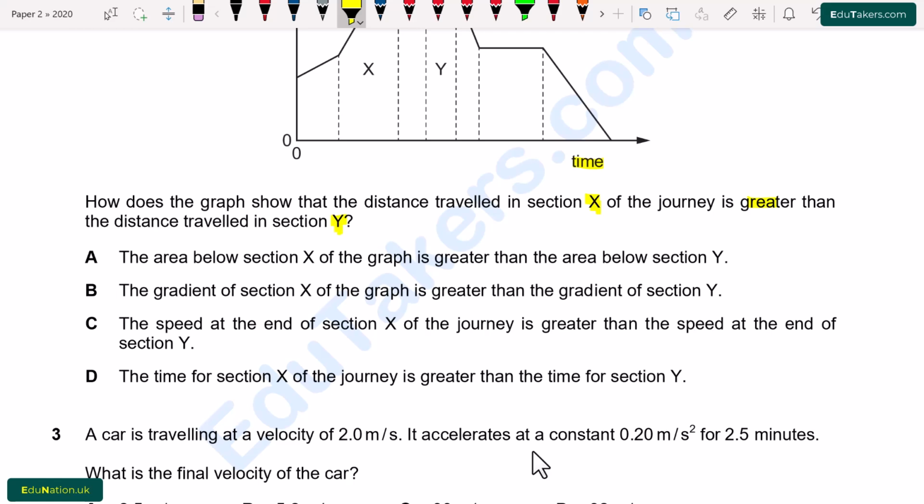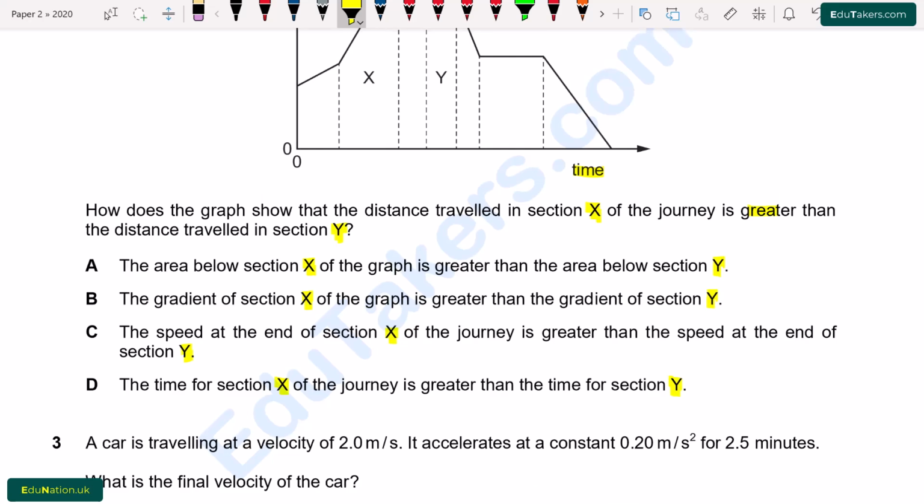Option A. The area below section x of the graph is greater than the area below the section y. B. The gradient of the section x of a graph is greater than the gradient of the section y. C. The speed at the end of section x of the journey is greater than the speed at the end of the section y. D. The time for the section x of the journey is greater than the time for section y.